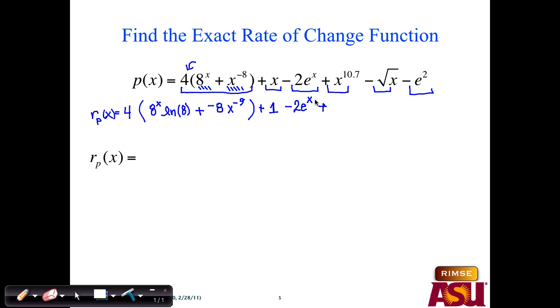If your base is a number and the variable is in the exponent position, that's an exponential function. If you have things like x squared, x cubed, polynomial sorts of things, or other powers of x that aren't whole numbers, those all use power rule. They are power functions, so it's the same rule we used with x to the negative 8th power. We have a new coefficient, 10.7, x to the 9.7.